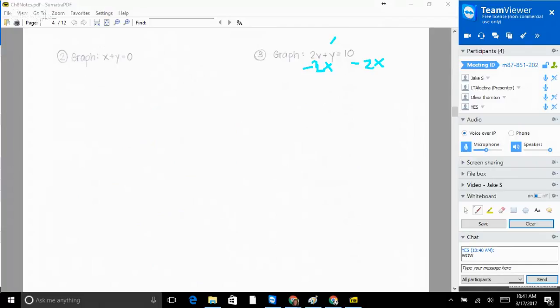So I can rewrite this as y equals 10 minus 2x. You guys okay? This equation is the same as this equation. They're just rewritten different ways, right?